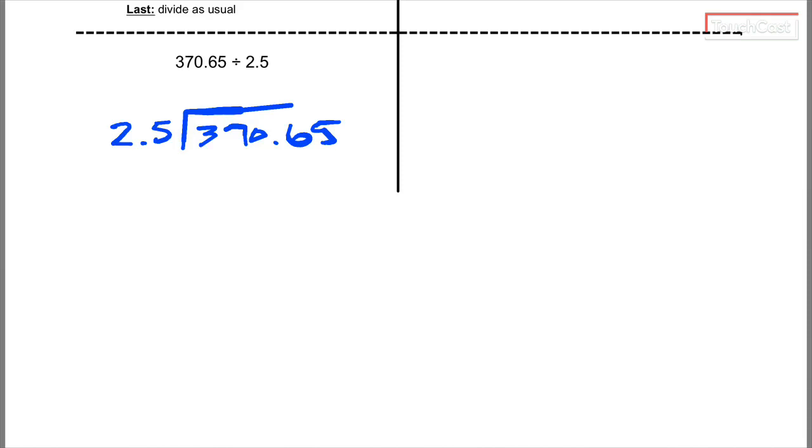Again, we have to move the decimal only one time on the outside to make it a whole number, which means that we also have to move the decimal one time on the inside to place it in the proper spot. So our division problem is going to look like this.